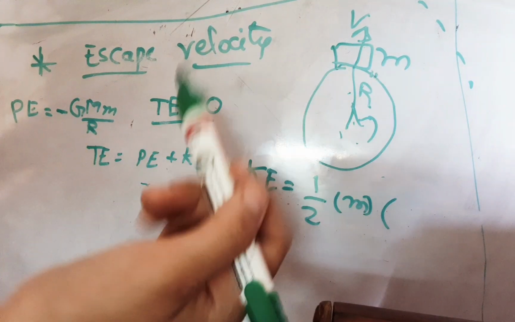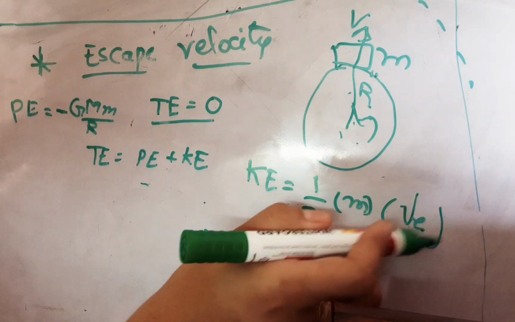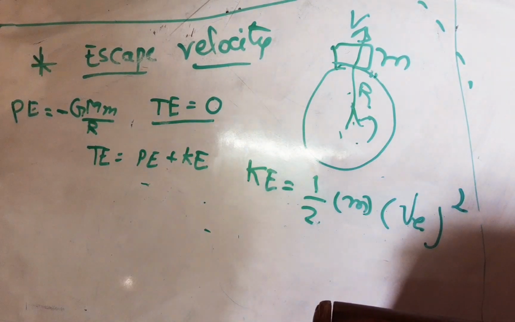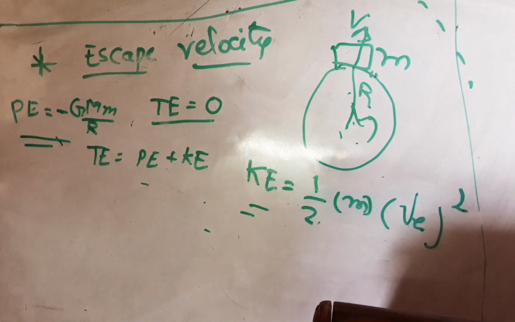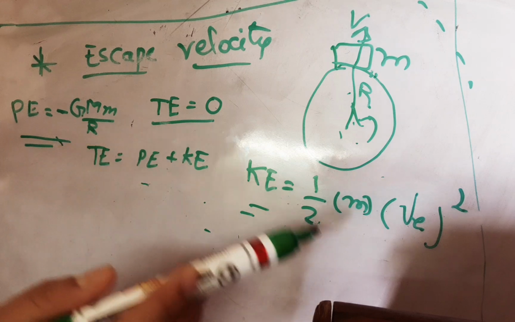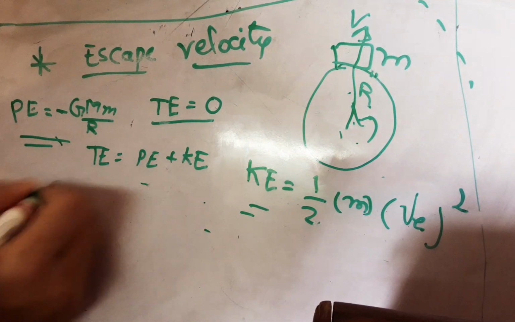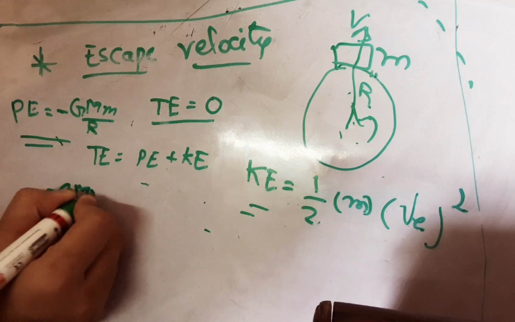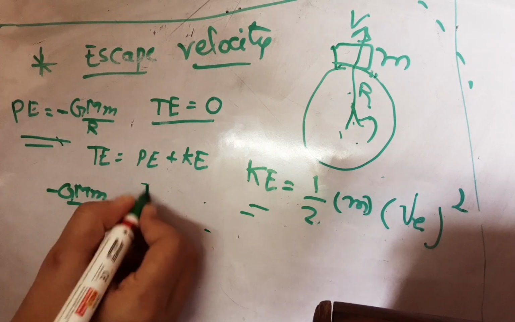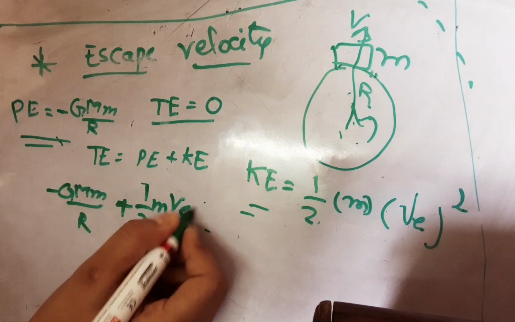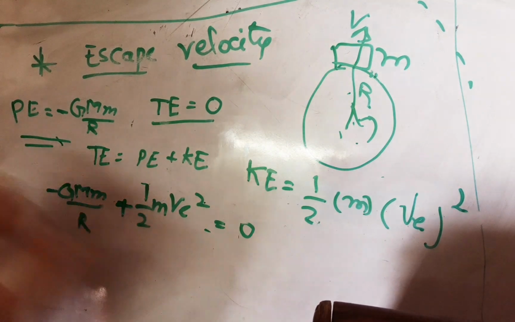As the velocity should be our escape velocity, I will write it as half m v e squared. This is your potential energy and this is your kinetic energy. They should be added and the whole sum should be 0. So minus G M m upon r plus half m v e squared should be equal to 0, because we consider total energy to be 0.